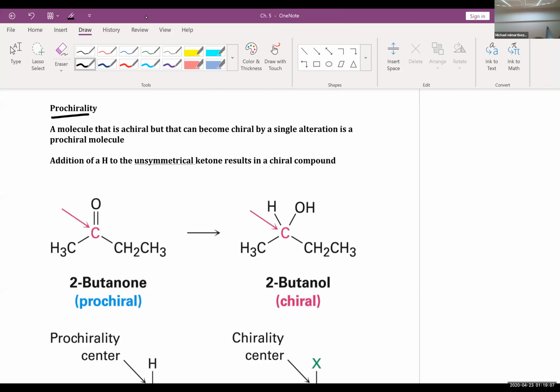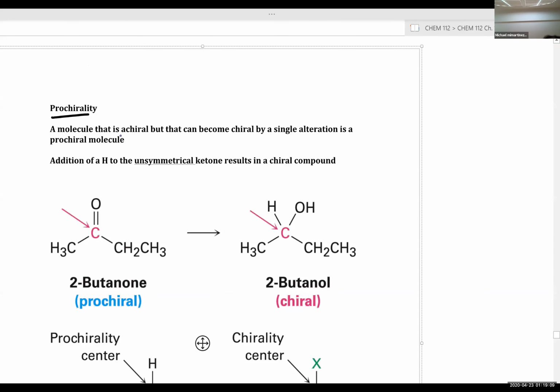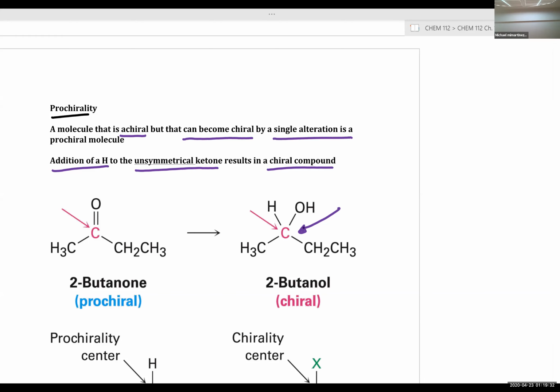Now, more interestingly is this idea of prochirality. So what is prochirality? It's a molecule that is achiral but can become chiral by a single alteration. For example, addition of a hydrogen atom to an asymmetrical ketone results in a chiral compound. How many substituents does this new carbon atom have? How many unique substituents? 4.